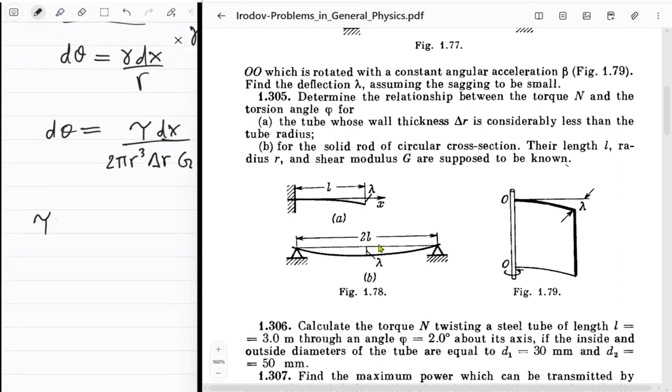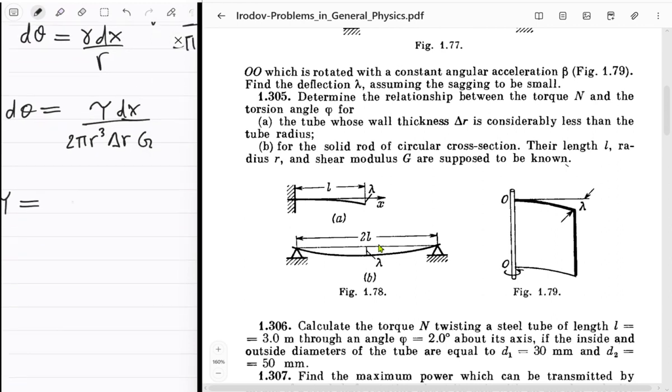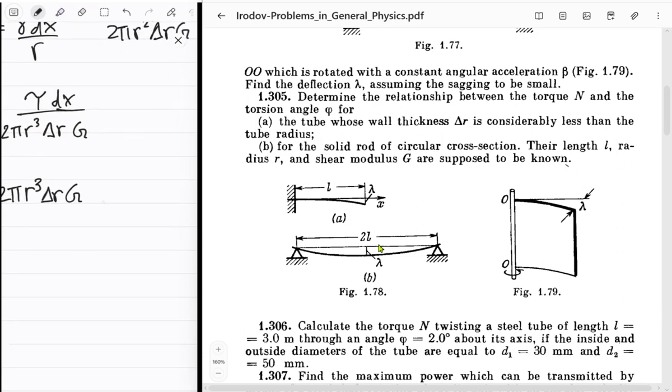It's like, okay, tau is just equal to what? It's equal to 2 pi r cubed delta r g, and then you got d theta upon dx. And yeah, assuming that the deflections are the same everywhere, of course they are, right? But that those are not so big such that it would cause problems because of the non-Euclidean geometry this has. Yeah, assuming that happens, maybe it's not a big problem after all.